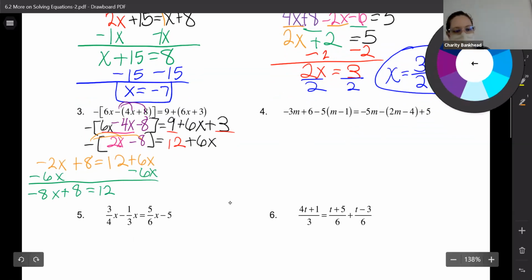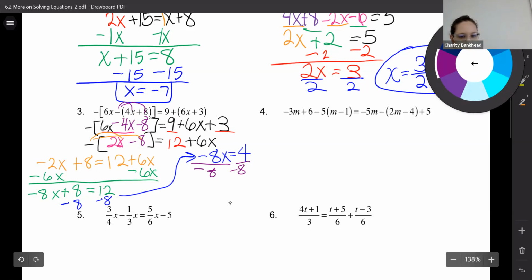Then I would subtract 8 from both sides, which gives me negative 8x equals 4. And then I'm going to divide both sides by negative 8, which would give me x equals negative 1/2.